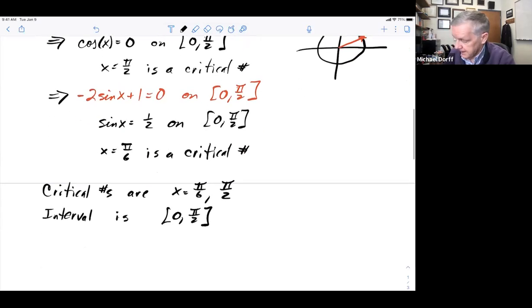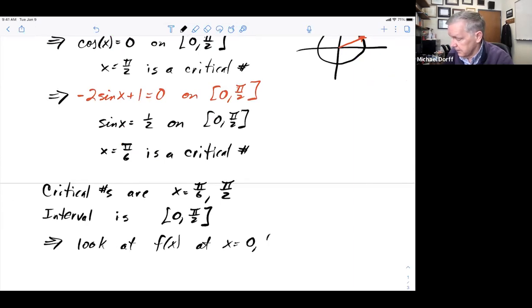So we look at f of x at x equals 0, pi over 6, and pi over 2. That gives me all the numbers that are the critical numbers and the endpoints of the interval. Notice that one of the critical numbers, pi over 2, is the same as an endpoint of the interval, pi over 2. We don't have to repeat that. We just can do it one time.